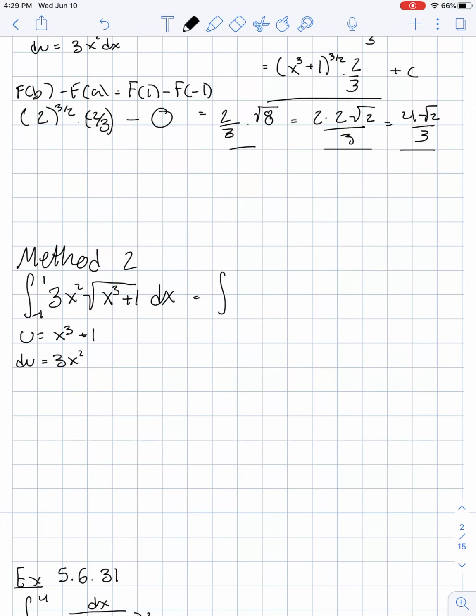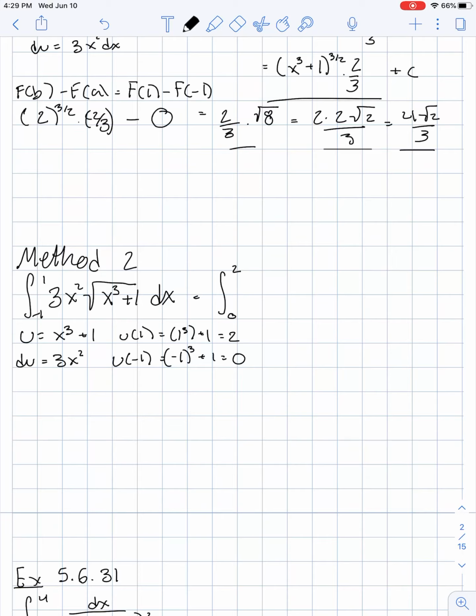So I'm going to keep the bounds on. And let's see. So u of 1 is going to equal 1 cubed plus 1. That equals 2. So we're going to have a 2 up top. And then u of negative 1 is going to equal negative 1 cubed plus 1, which equals 0.